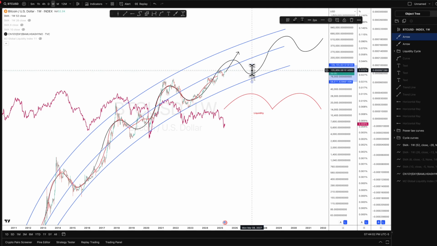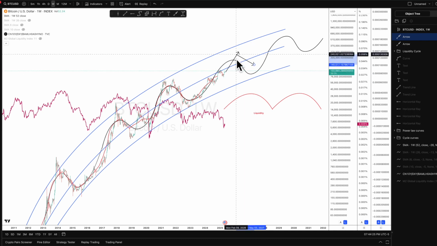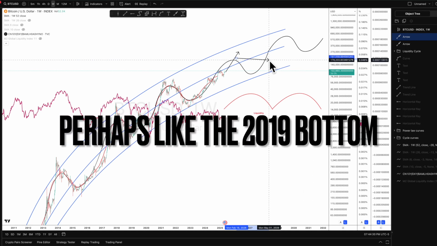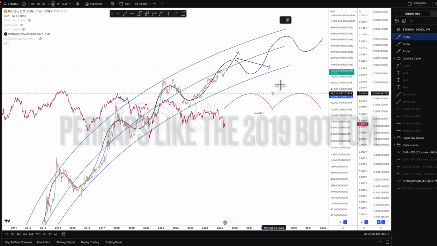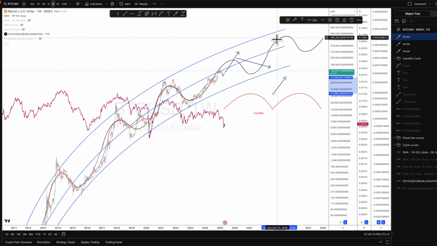That may not happen in this case, being that the two cycles are out of sync or out of phase. Bitcoin could just end up trading kind of choppy and sideways while these two are out of phase, before really taking off again once liquidity expands at the same time that Bitcoin expands.